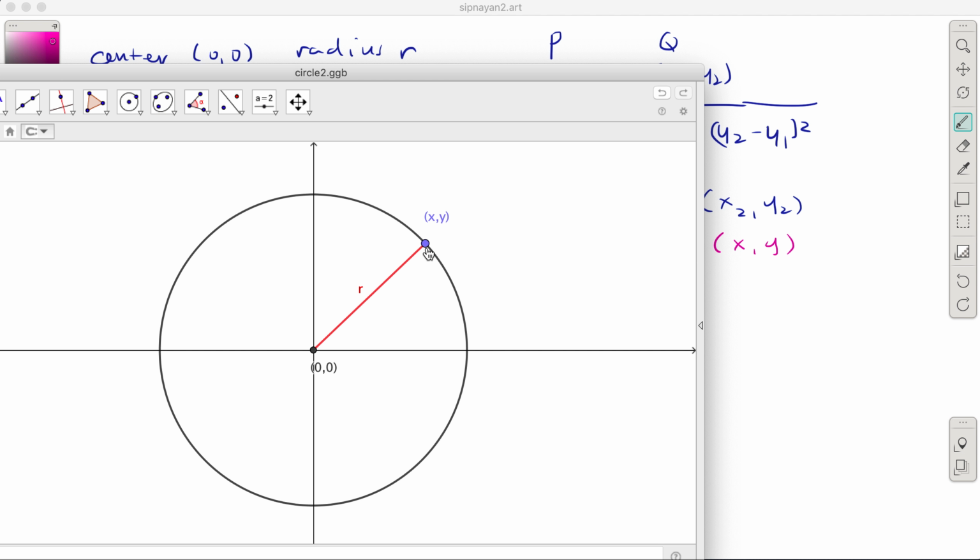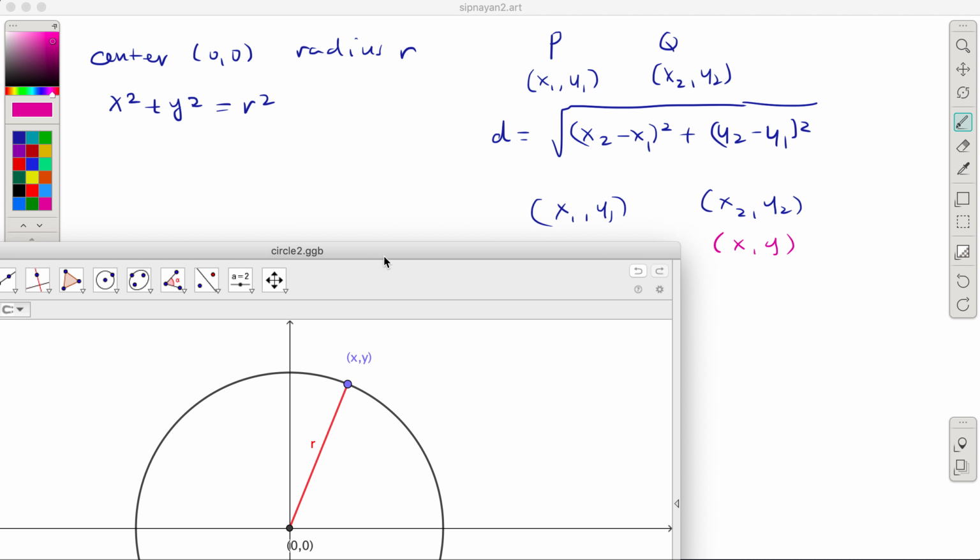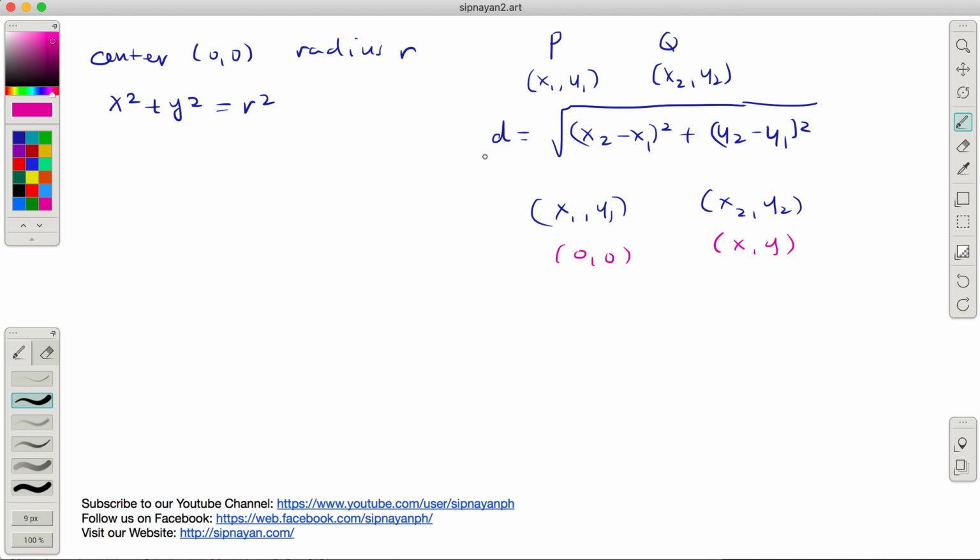Looking at our illustration, d is the distance between here and here, which is the same as the length of the radius. So instead of d, I can just write r.